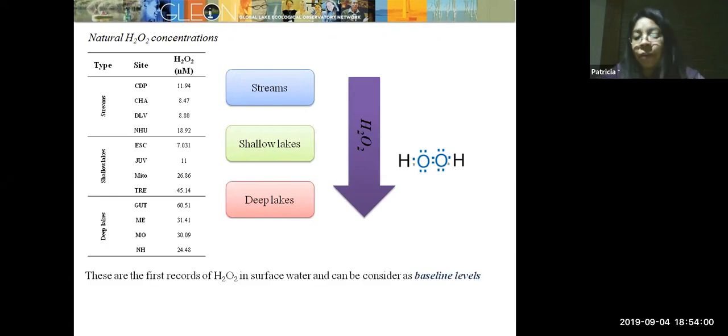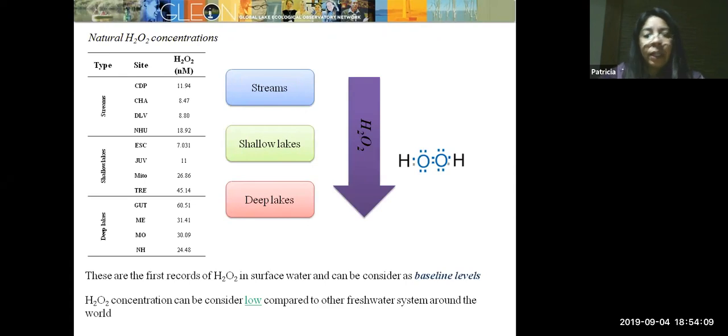This is one of the first records of hydrogen peroxide in the surface water of this environment, and can be considered baseline levels. The concentration is very low compared to other freshwater systems around the world. We are in general less than 200 nanomolar, and in some other cases they are usually around 600, 400 nanomolar.